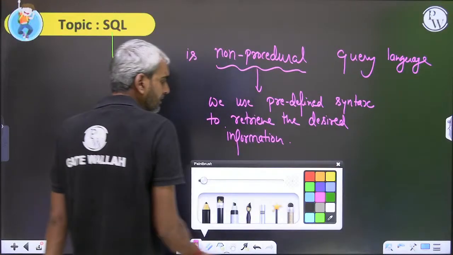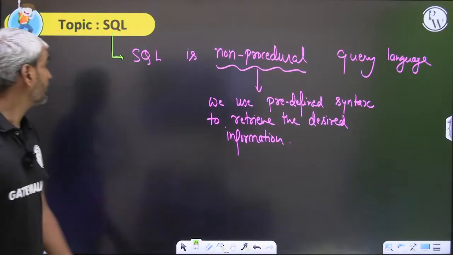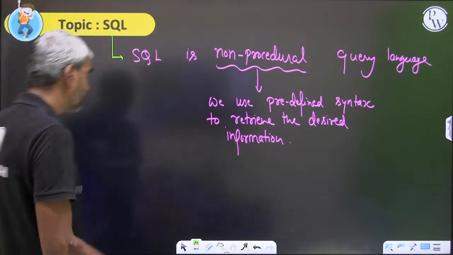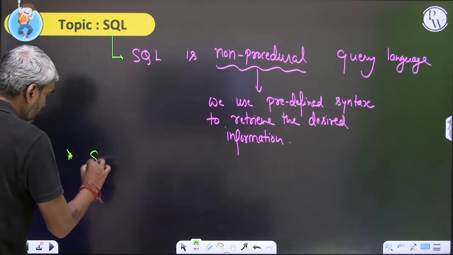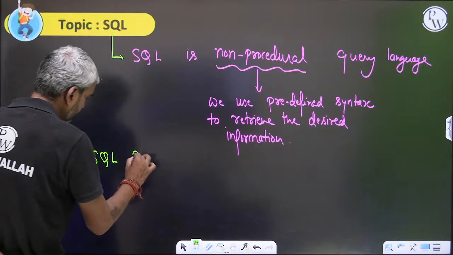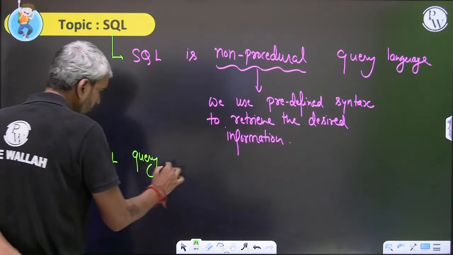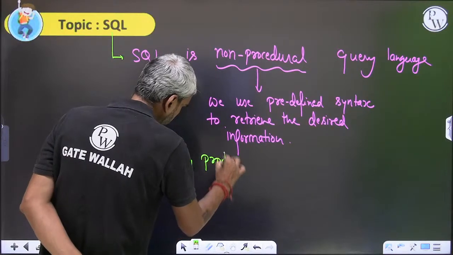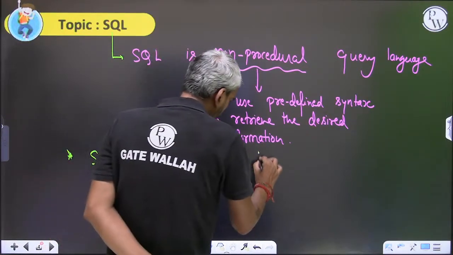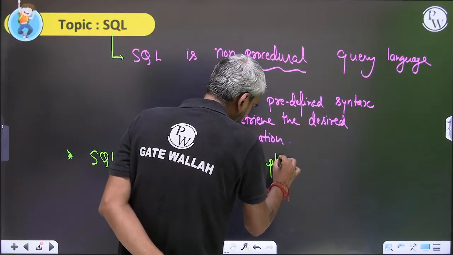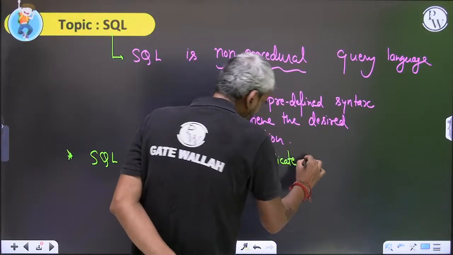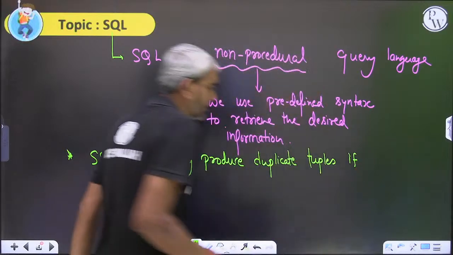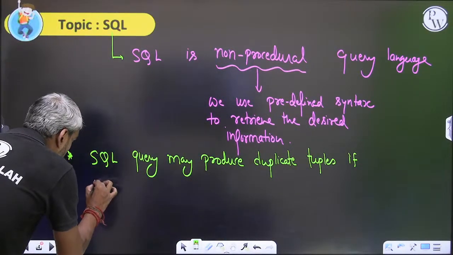Let me explain categorically. First of all, a structured query language query may produce duplicate tuples. So an SQL query may produce duplicate tuples if the distinct keyword is not used.